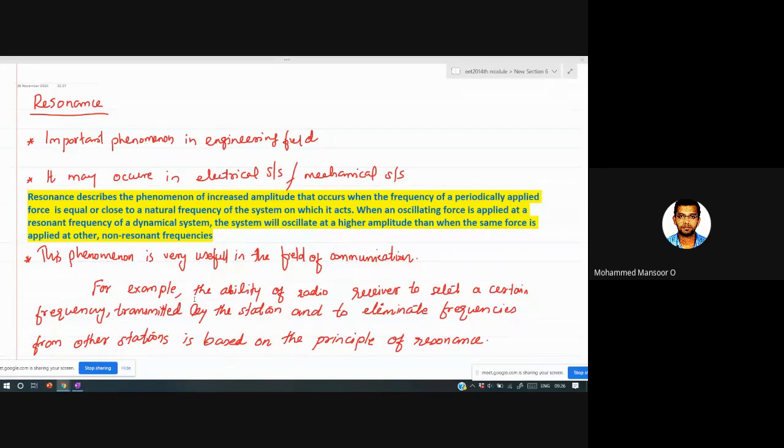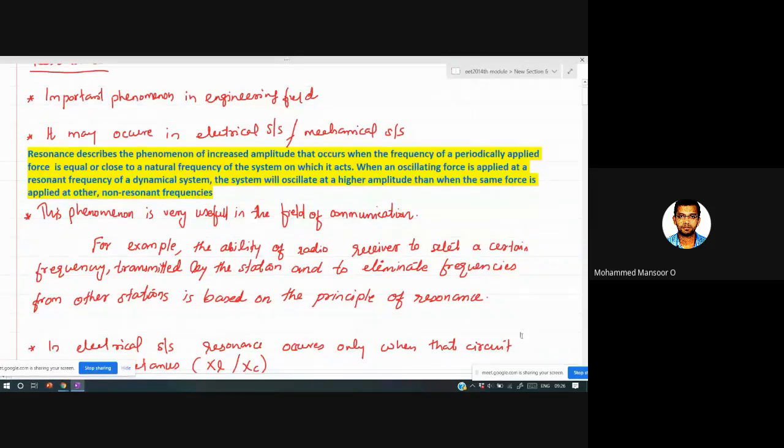In air, frequencies of different stations will be available, so we need to select one among them. Under that condition, we use the principle of resonance to select the frequency transmitted by one particular station and to eliminate frequencies from other stations. Clear? That is one of the major applications of resonance.